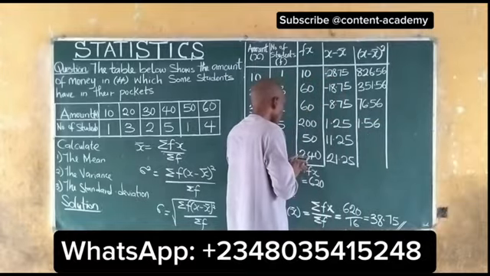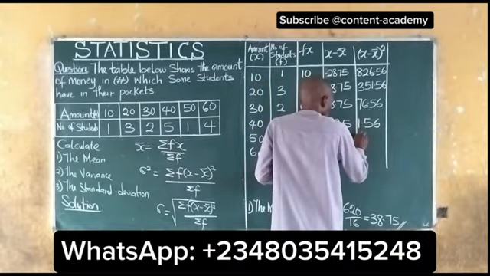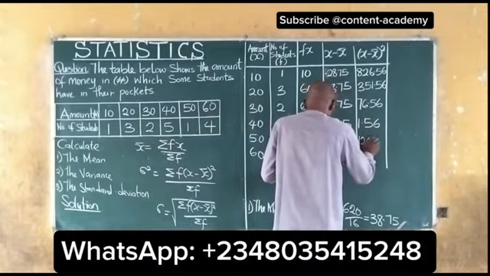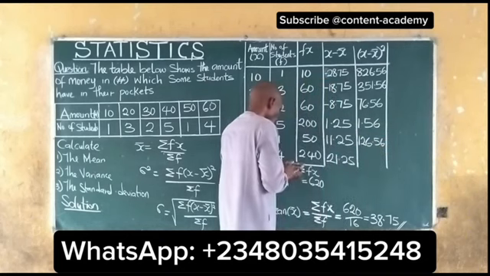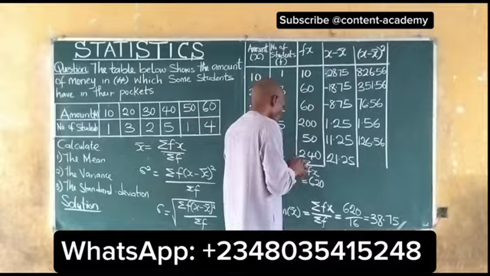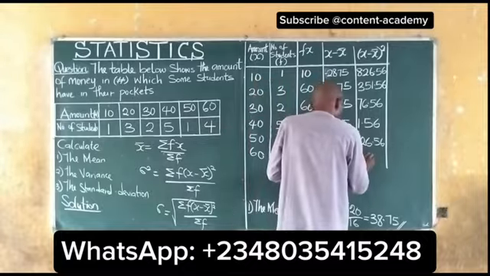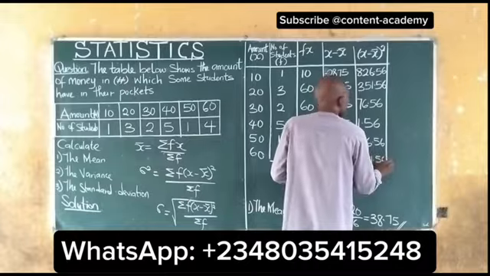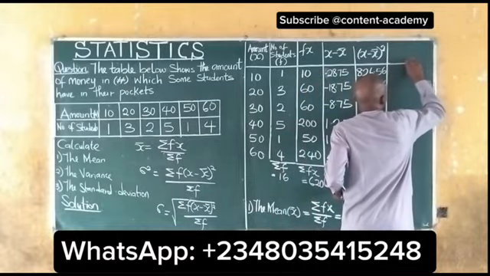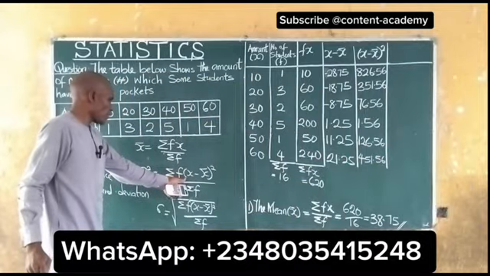We have 11.25 squared, which is 126.56. We have 21.25 squared, we have 451.56.